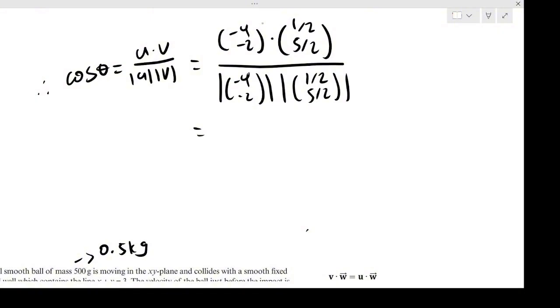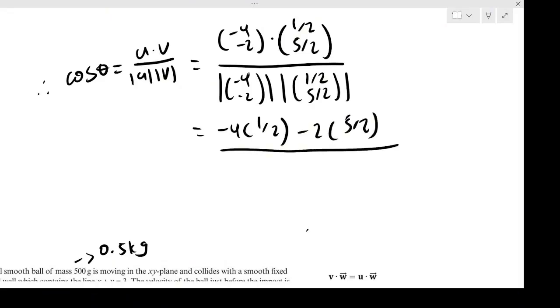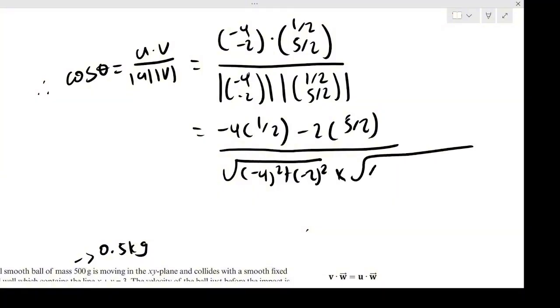Okay, so just simplify all of this. We get -4 lots of a half, -2 lots of 5/2, over the root of -4 squared add -2 squared, times by the root of a half squared add 5/2 squared. At that point we just need to put all of this in the calculator.